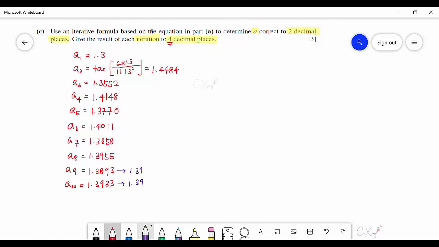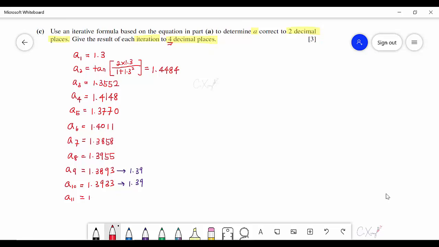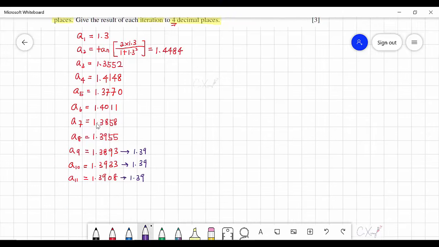And usually for me, I want to be safe, so I will continue for another iteration. Just to confirm, calculate again, then 1.3933 equal sign. So I have 1.3908. And again, if you double check the 2 decimal places answer for this one, you'll get 1.39 as well.